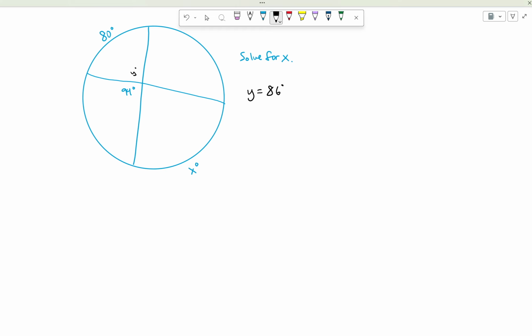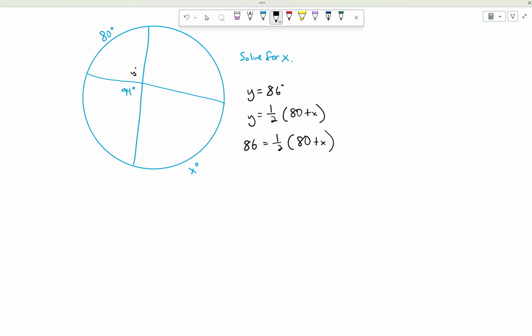That's how I can kind of tell if you're not taking your notes and you're just writing this down. y is equal to 1/2 of the sum of this arc and this arc, so 1/2 of 80 plus x. But we already know y is 86, so that's 86 equals 1/2 of 80 plus x.